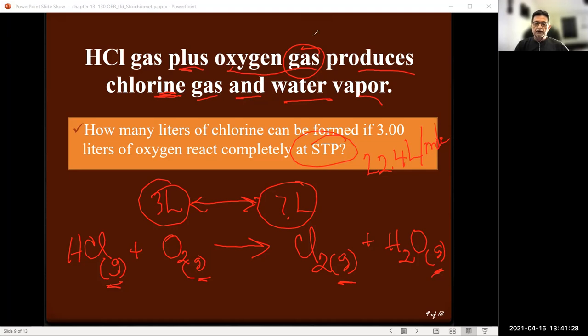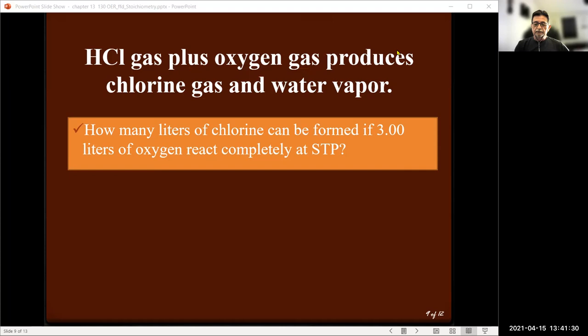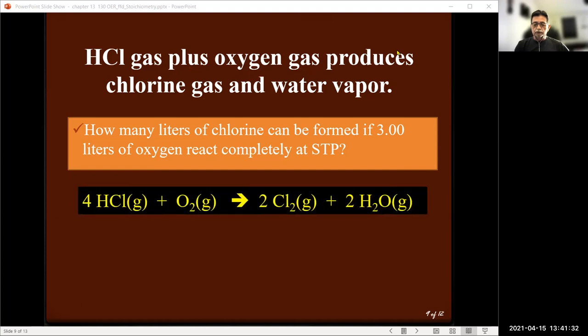Okay, so my apologies, I forgot to balance it. So this is balanced. Okay, we got a balanced chemical equation after I wrote it down. I forgot this step. My bad. So it takes 4 HCl's, 1 oxygen, and 2 chlorines, Cl2's.